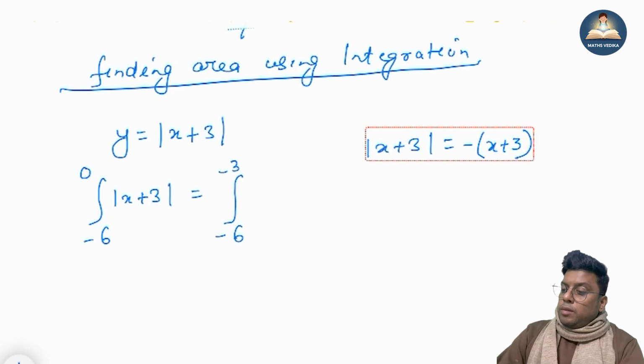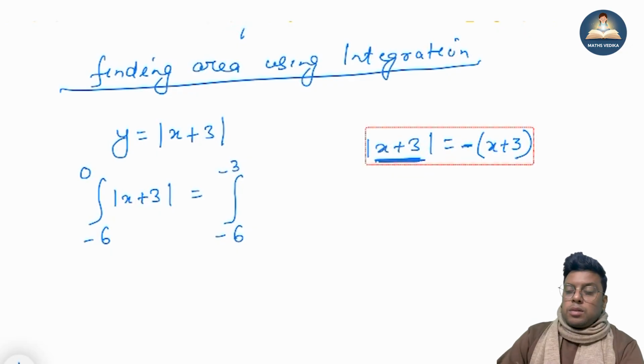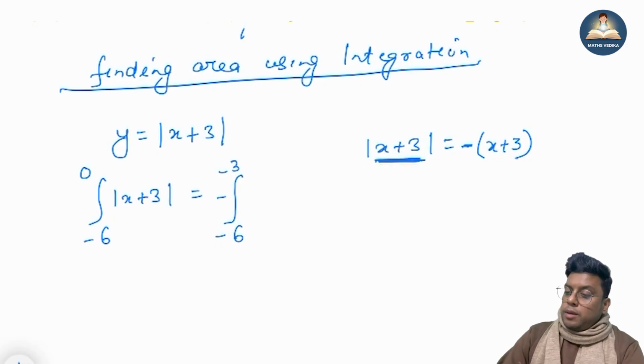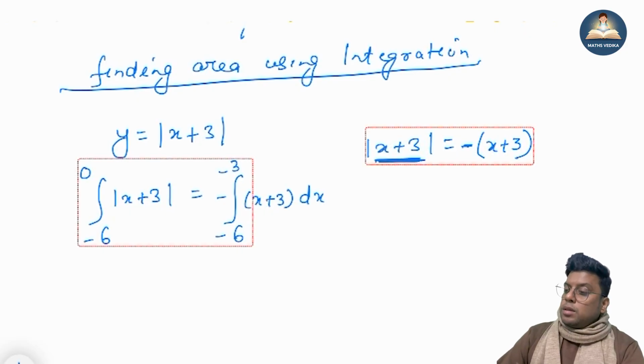So from -6 to -3, this is already negative, so we'll put an extra negative sign so that ultimately it becomes positive. So this will be the integral of -(x + 3) dx.